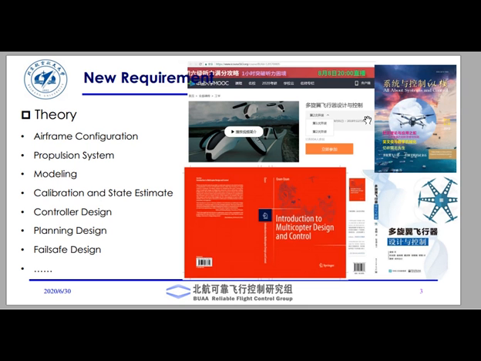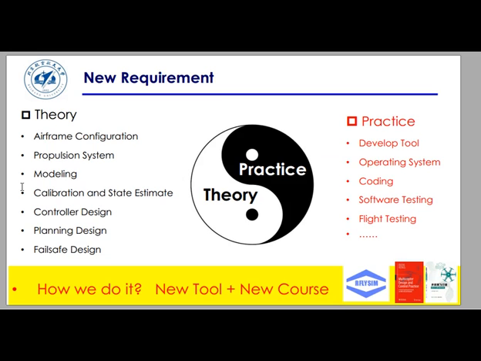These skills have a theoretical side, which these engineers should know: the airframe configuration, the propulsion system, the modeling, etc. Concerning the practical side, they should know how to use the development tools and the operating systems, should know how to code, and should know how to do software testing and flight testing, etc.